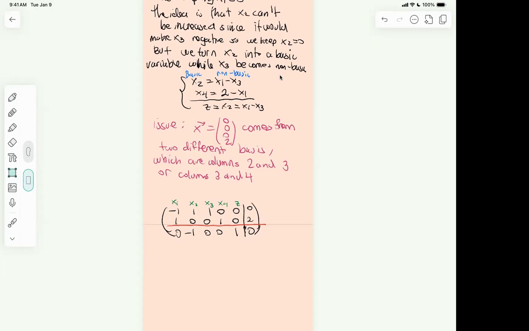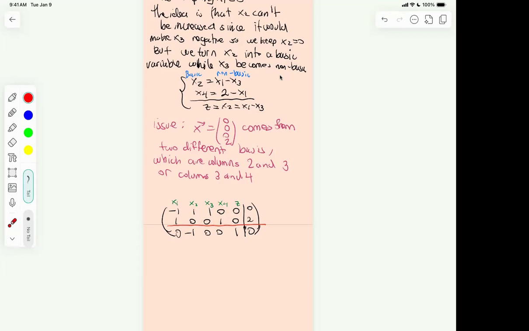If you had these bases, there's a basis here, which are these two columns, and there's a basis here, which are these two columns. So these two potential choices give you the same choice of basis. That is where the confusion lies in general, because the method is a little bit ambiguous on what to do.